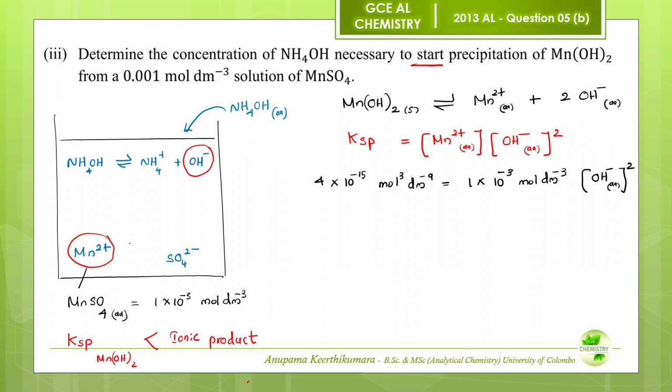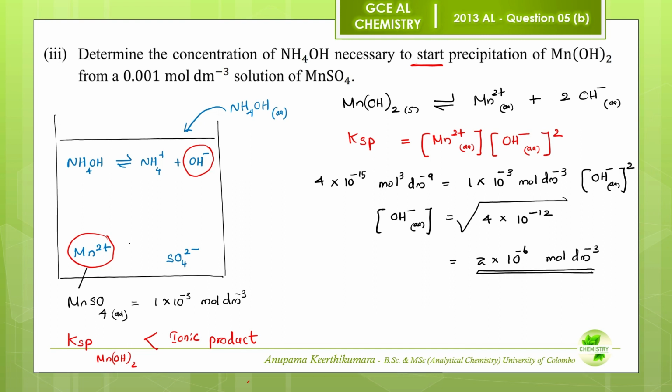OH minus concentration is the square root of 4 times 10 to the negative 12th. The answer is 2 times 10 to the negative 6th moles per cubic decimeter.